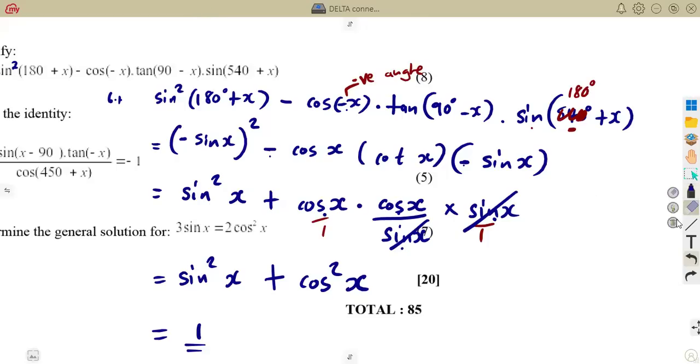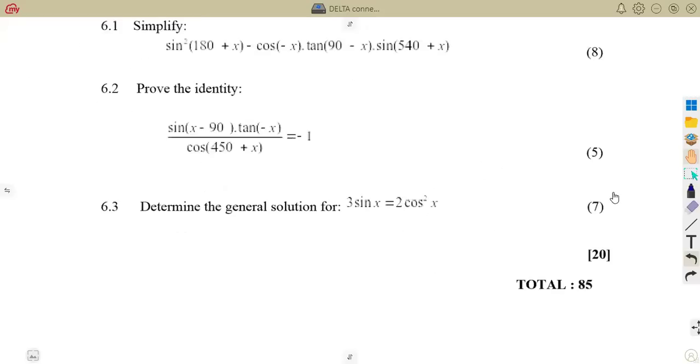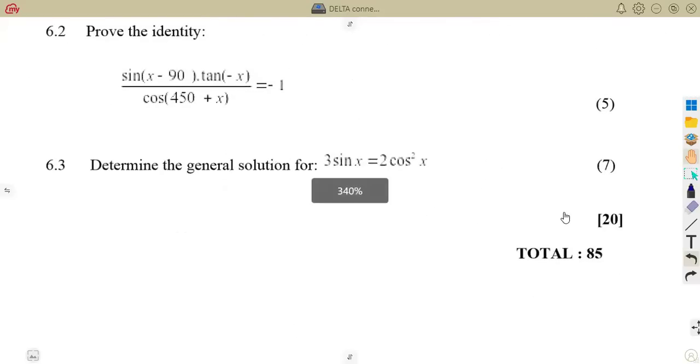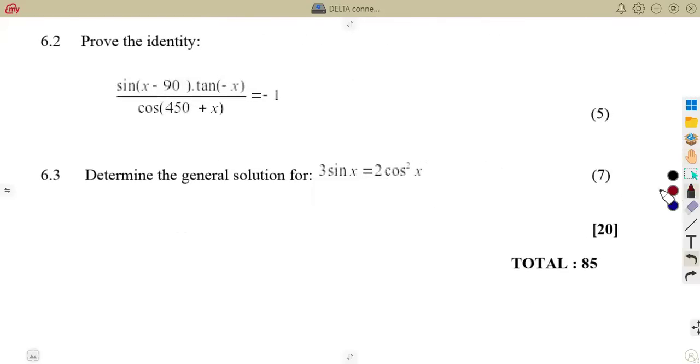Just like that. So guys, go through your questions, go through more questions. Prove that this identity is equal to -1.